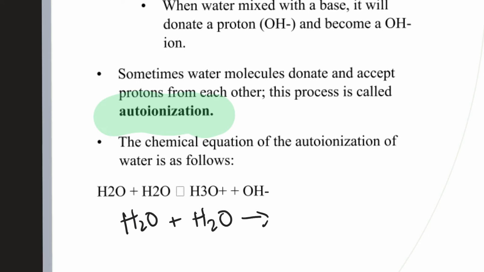When they hit each other at the right orientation with enough energy, it will create H3O+ and OH-. This is the acid part and here you have the base part. This is the autoionization of water.